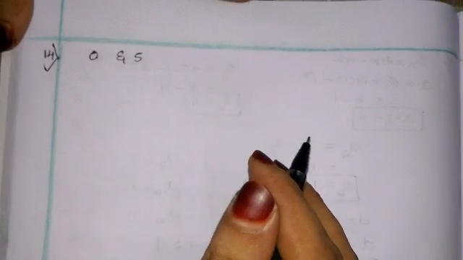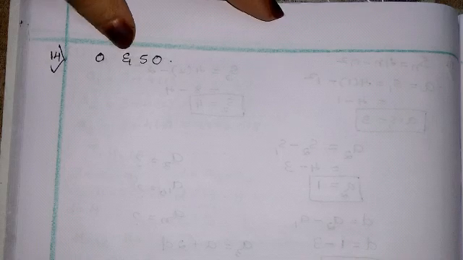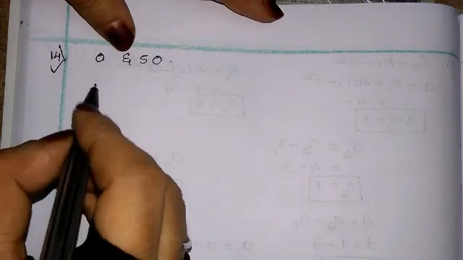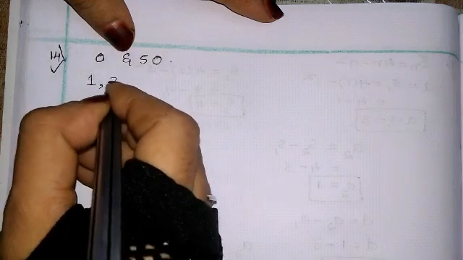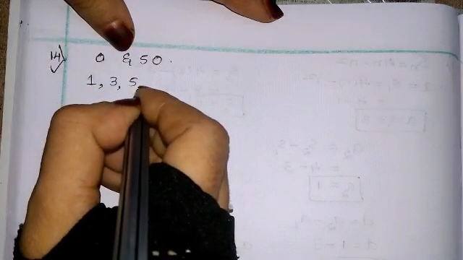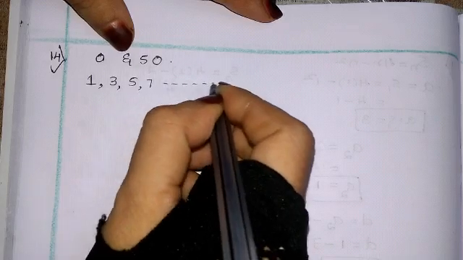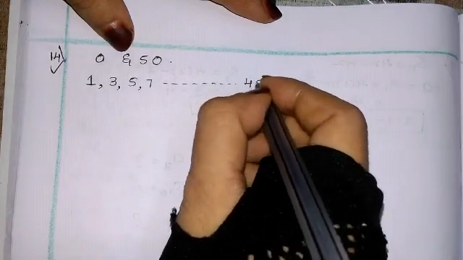Let us find the odd numbers between 0 and 50. 1 is an odd number, 3, 5, 7, dots, the last one between 0 and 50 is 49.